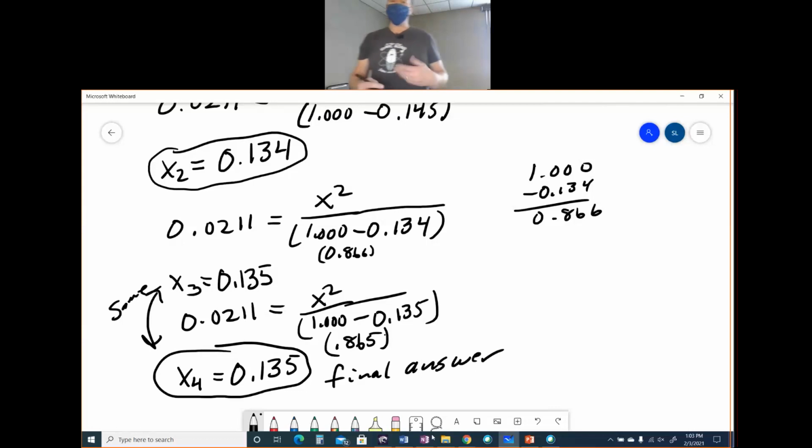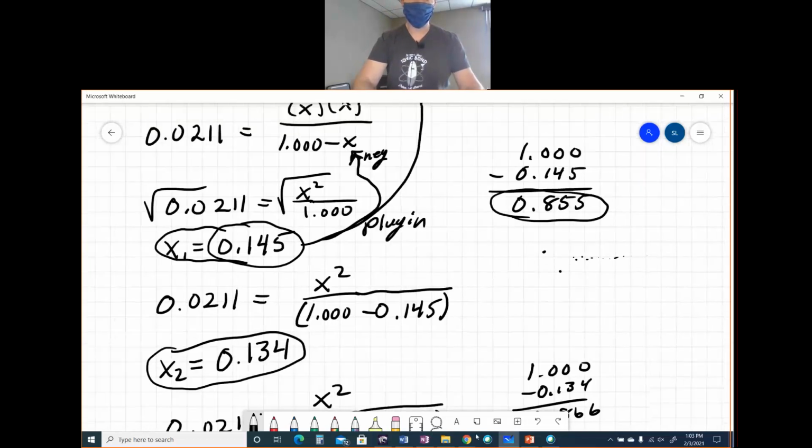All right, and if you do the quadratic equation, you will get exactly the same answer as you get when you do successive approximations. So now we go back up and answer our question, because the question was, what are the equilibrium concentrations?